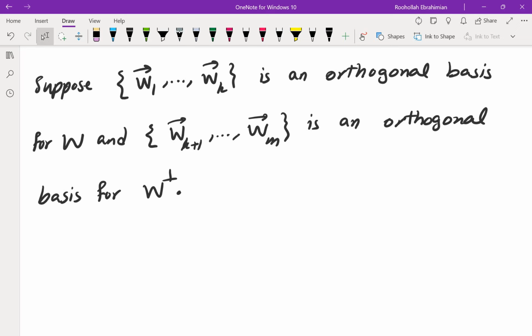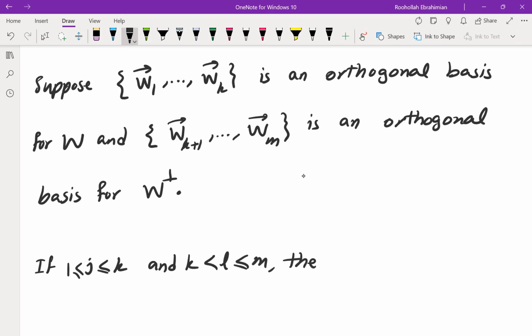First thing I'm going to show is that w1 through wm are in fact linearly independent. The reason is that if you look at the inner product of wj and wl, where j is between 1 and k, and l is greater than k and less than or equal to m, then the inner product of wj and wl is just 0.